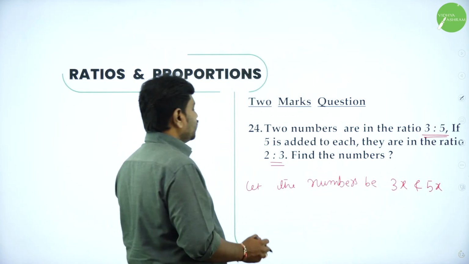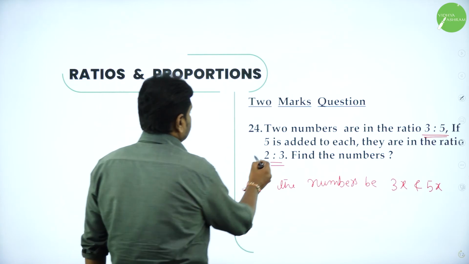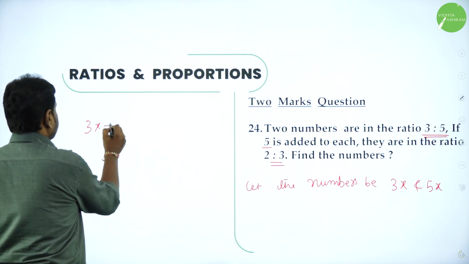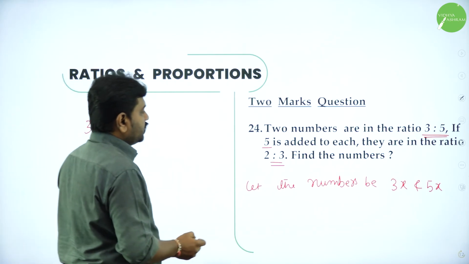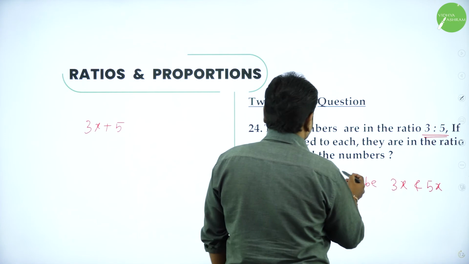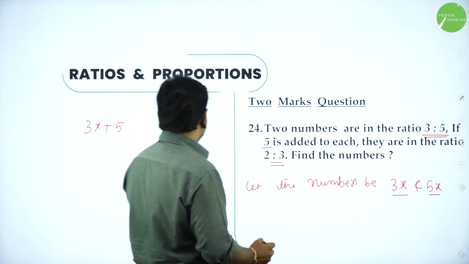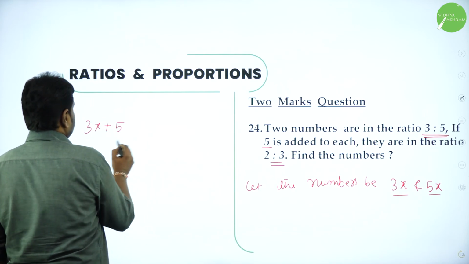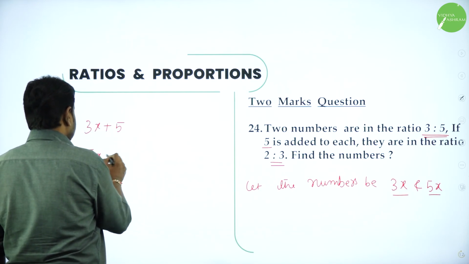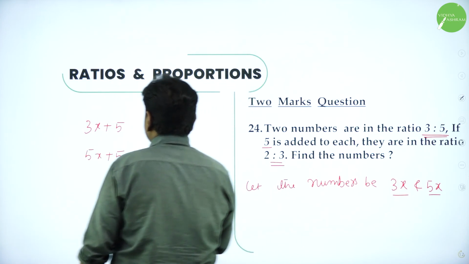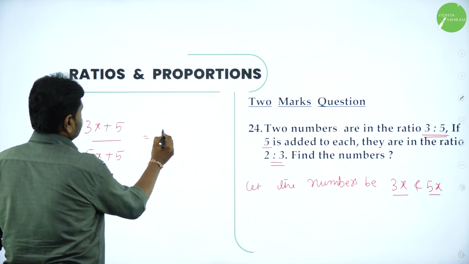Now they gave, if 5 is added to each number, for 3x I'll add 5, 3x plus 5, and for 5x also add 5, 5x plus 5. Then the new ratio will be 2 is to 3.